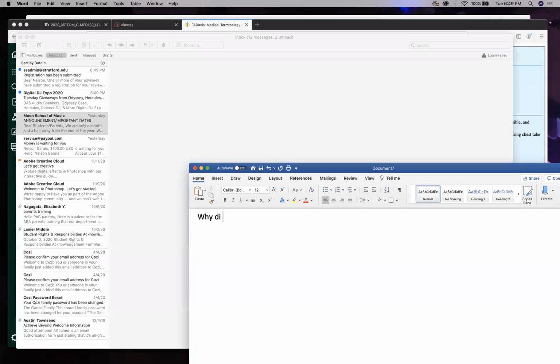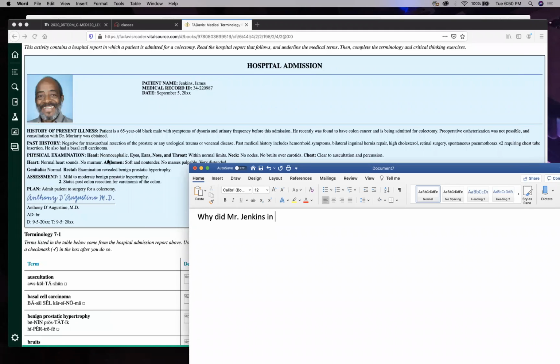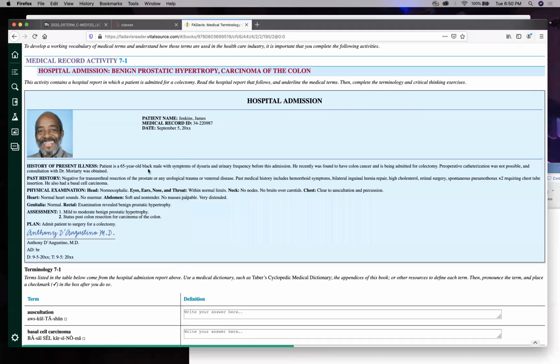Why did Mr. Jenkins come to our clinic? So he came in with what? Patient, 65-year-old black male, came in with symptoms of dysuria and urinary frequency.